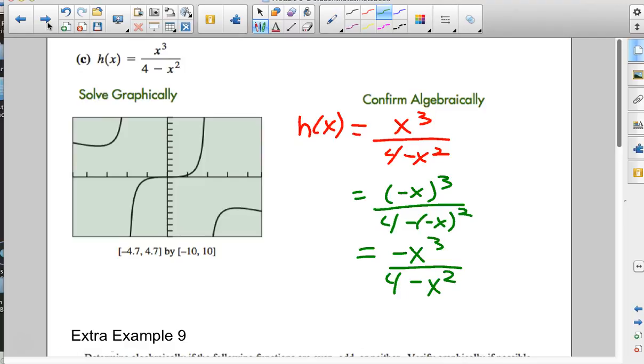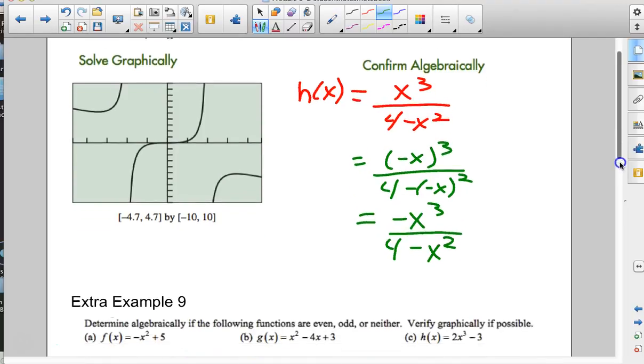Square it first, order of operations. Then put the negative in front. It's not even. Is it odd? Is this the opposite of this? It is. It is.